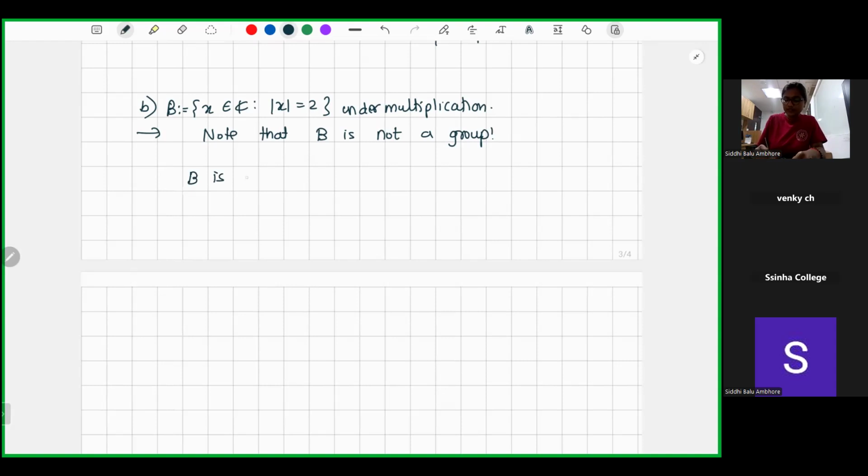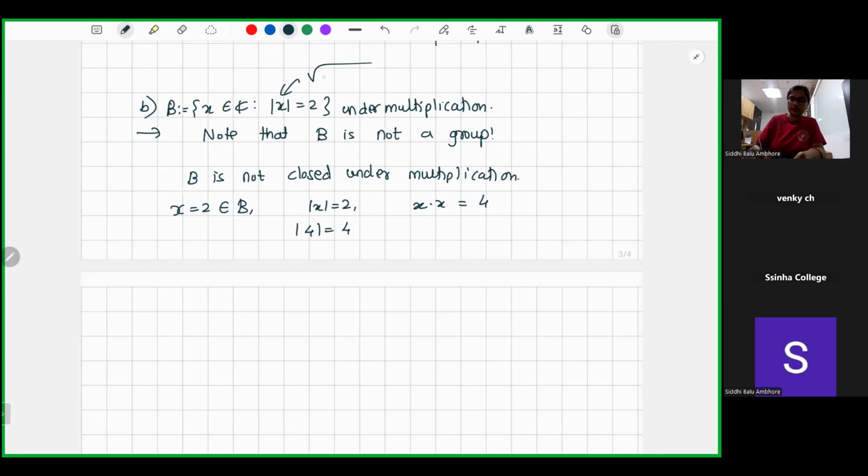B is not closed under multiplication, okay? Because X equal to 2 belongs to B, but X times X, that is 4, has mod 4, and this mod is not the real mod.